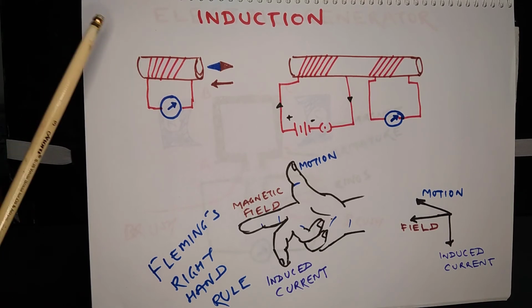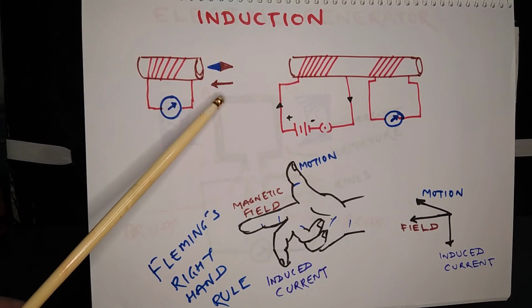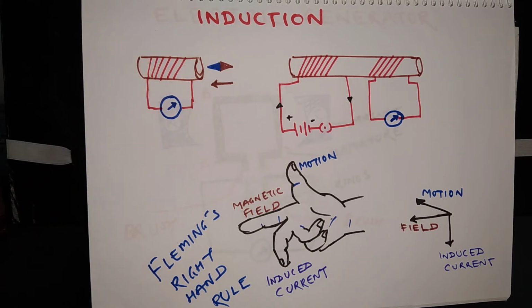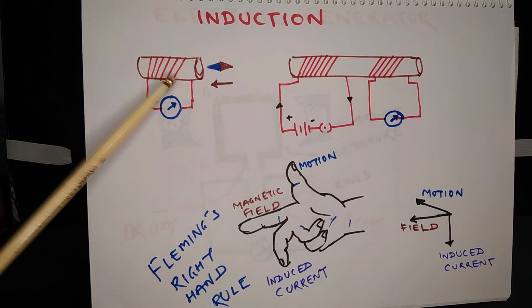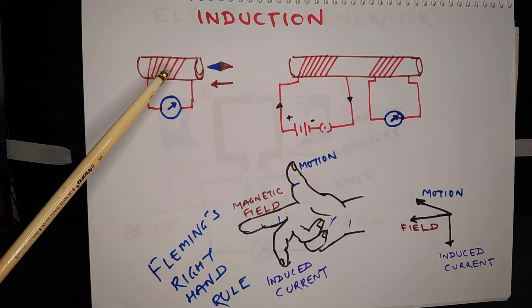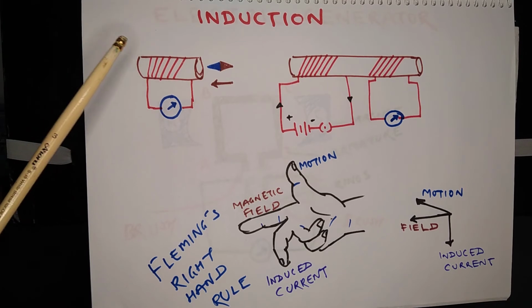Or you can say that the motion of a coil and a magnet relative to each other, so either of them can move, induces an electric current in the conductor, and this phenomenon is called electromagnetic induction.